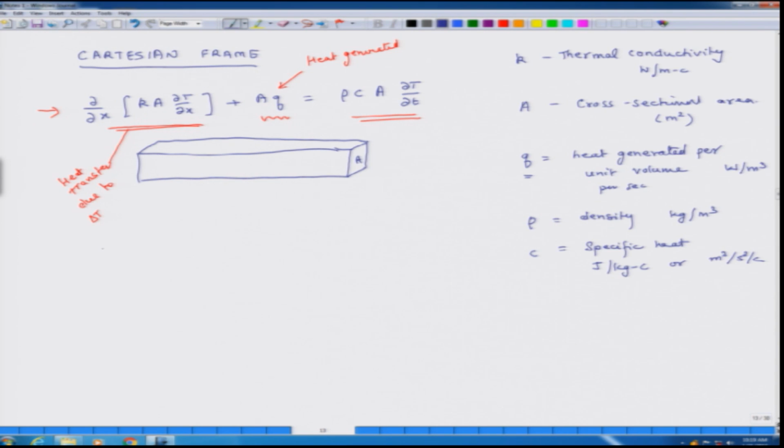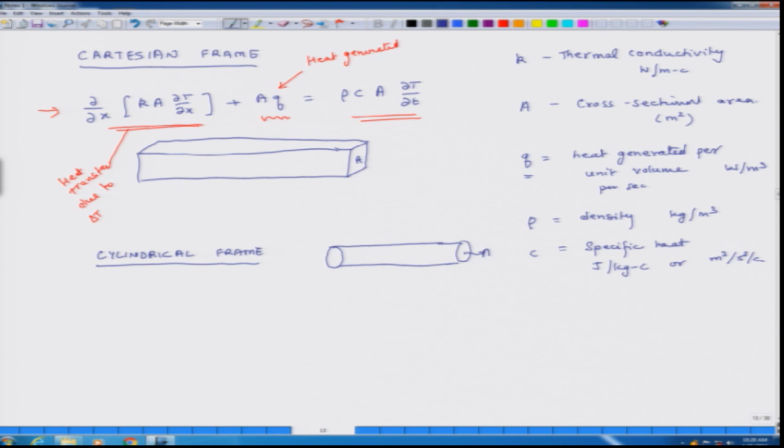Now, for a cylindrical frame of reference, an example of a cylindrical system would be you have a cylinder, okay.